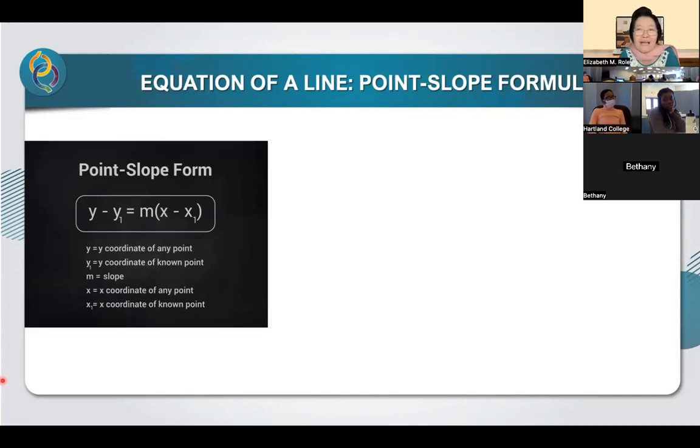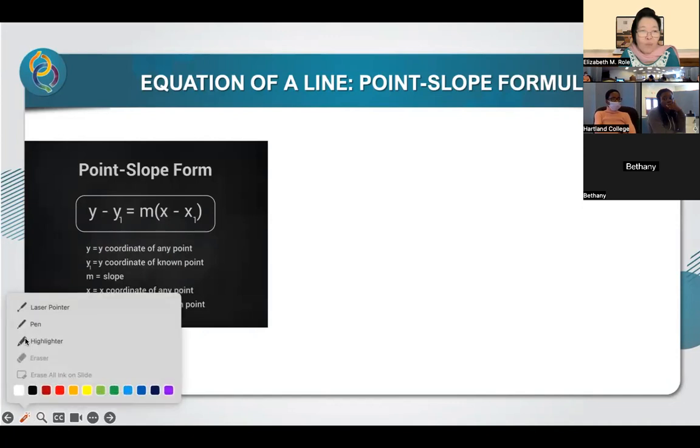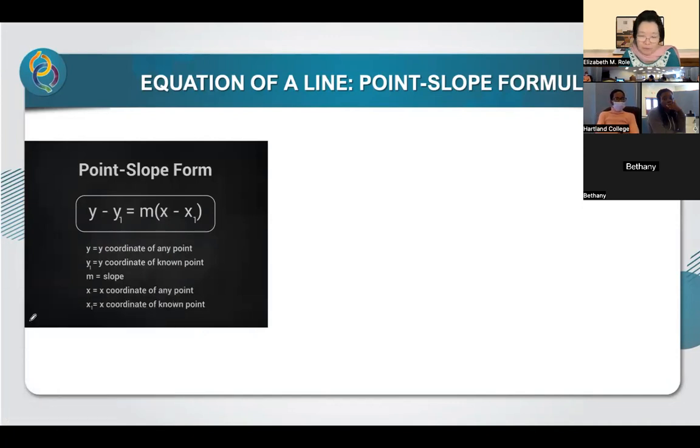We call this the point-slope formula: y minus y sub 1 is equal to m times (x minus x sub 1). Take note that the equation of a line will always have y is equal to mx plus b or whatever, where your y and x are retained there, and your a and b would be some constants.